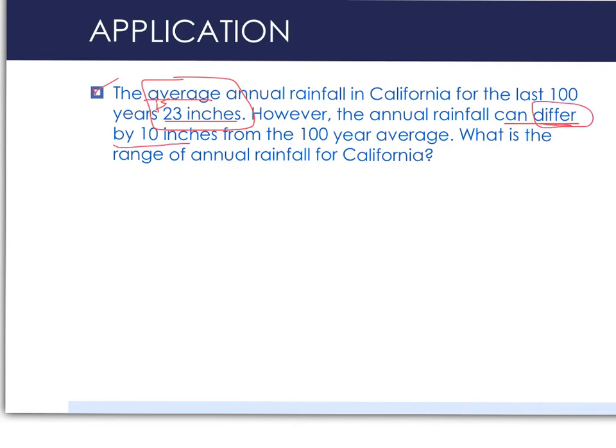If you think about that from a common sense standpoint, from 23 inches, if it can differ by 10, I can go out 10 more, and that would be 33 inches of rain, or I can go this way, 10 less, which is 13. So that would be a common sense way to think about it.